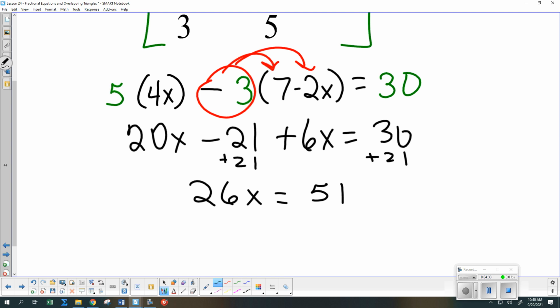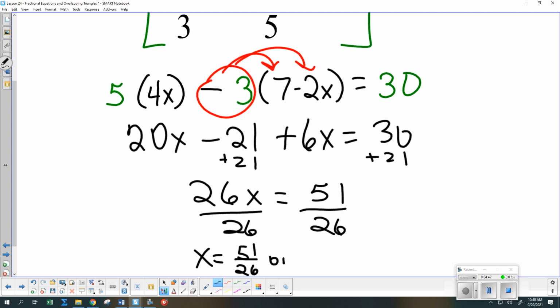Not particularly nice there, but let's divide both sides by 26. And I can't really reduce that. I could make it into a mixed number if I want. I can either say x is 51 over 26, or 1 and 25/26. Anybody with a question on that? Everybody feel comfortable with that?